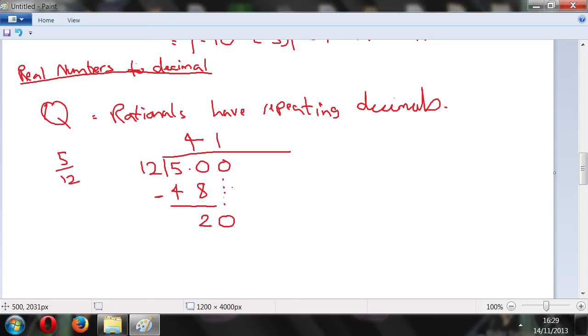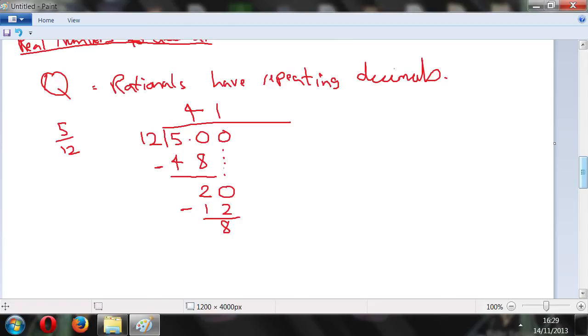And we're going to put that down here. Subtract the 12. We're going to get 8. So then we're going to get the next 0. Put that down. So we're going to do 12 into 80, which is going to go 6 times. And we're going to get 72.